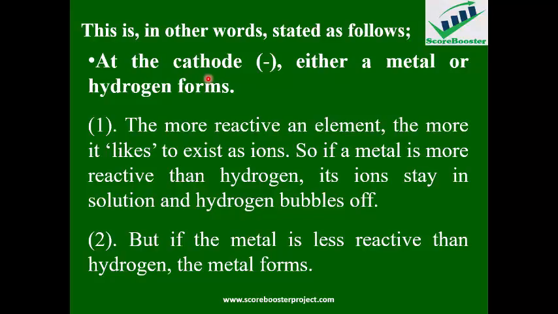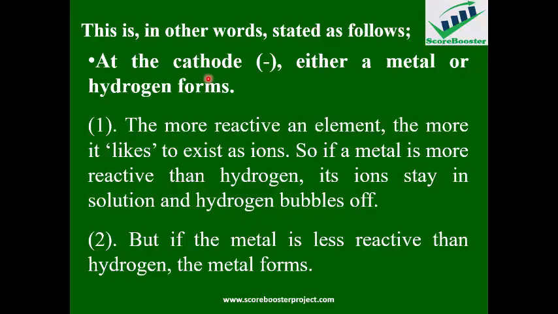If you have calcium, hydrogen is discharged because calcium is far above hydrogen in the electrochemical series. That's what we are saying. But if the metal is less reactive than hydrogen, then the metal is discharged, like copper now, like silver now. So hydrogen is more reactive than them.